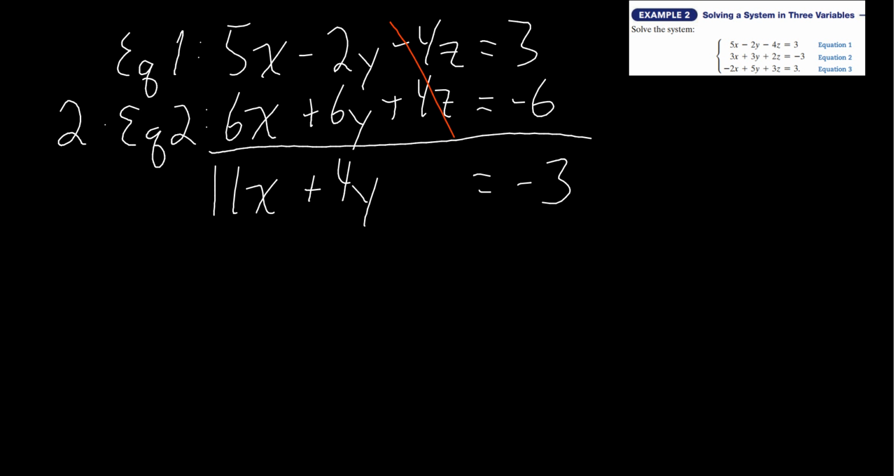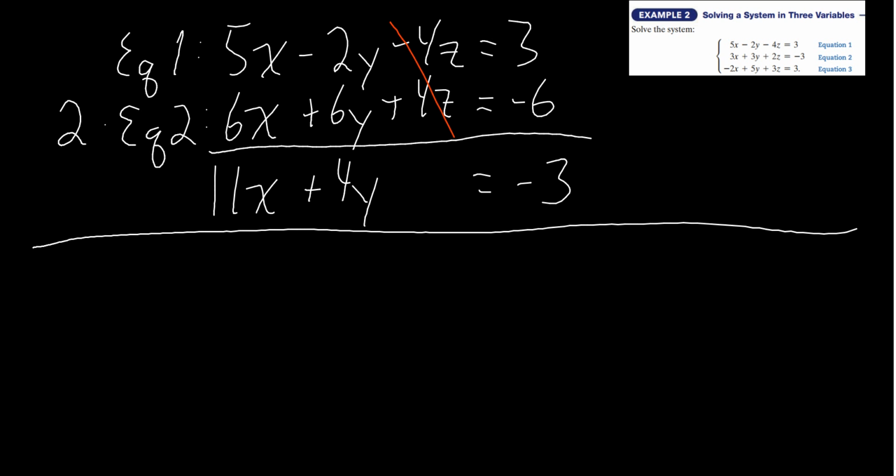Okay, so that was equation 1 and equation 2. So now I'm trying to reduce these 3 equations down to 2 equations. Oh, we're trying to get rid of z.